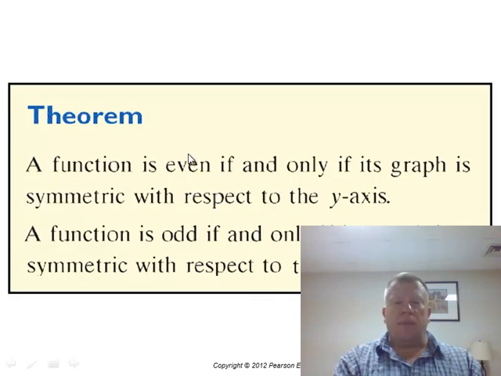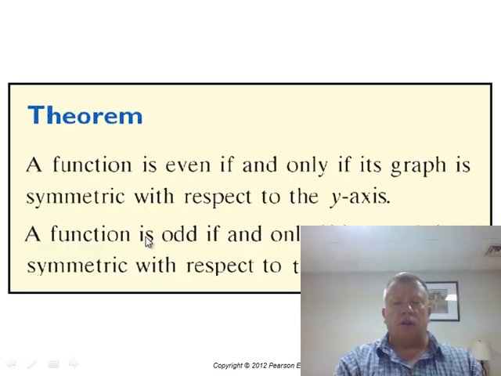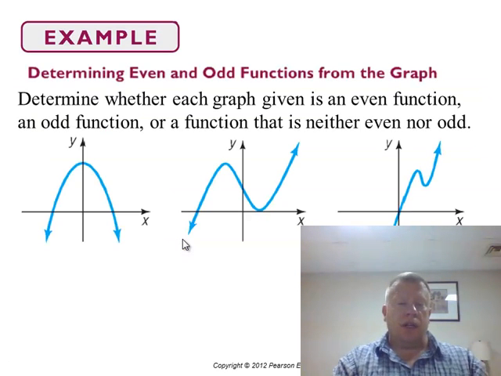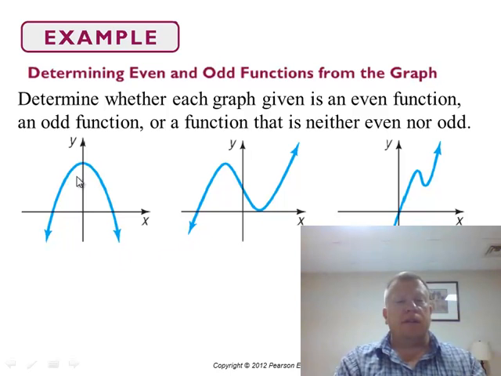So this theorem basically says again what I just told you regarding symmetry of the graphs of these functions: symmetry with respect to the y-axis for the even function, and symmetry with respect to the origin for the odd function. Here's a nice picture of what we're talking about. This first graph is the graph of an even function.